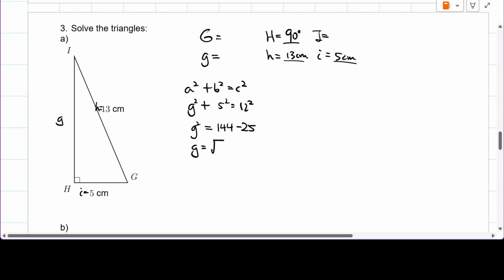G is equal to the square root of, sorry, 13, right? My bad. 169 minus 25, so that's 144. And using my big brain, I know that the square root of 144 is equal to 12. So I know that G is equal to 12 centimeters.